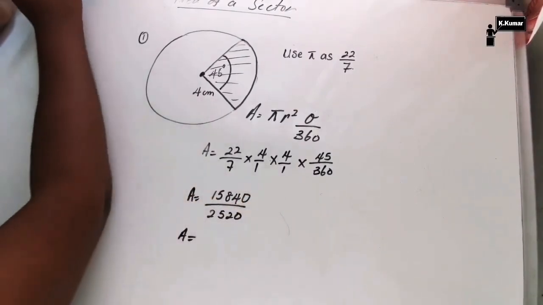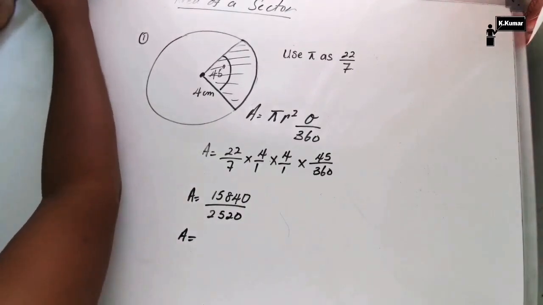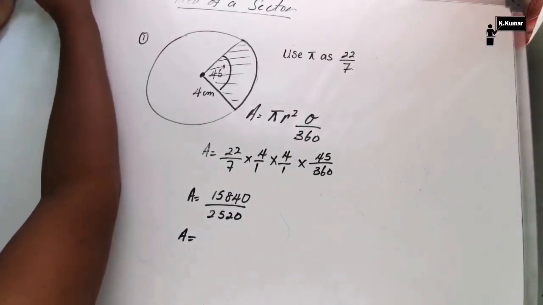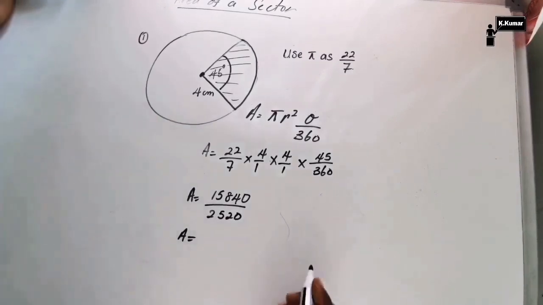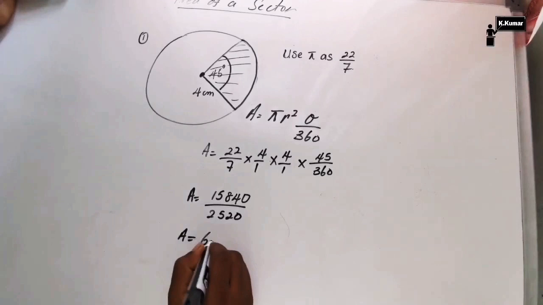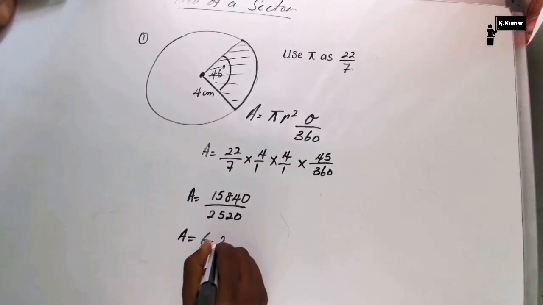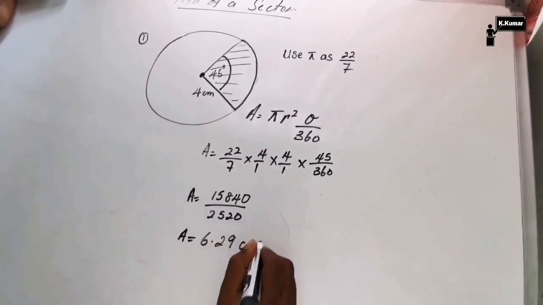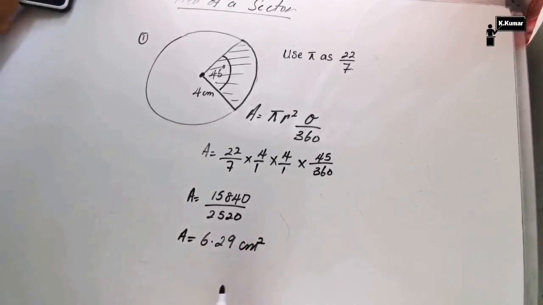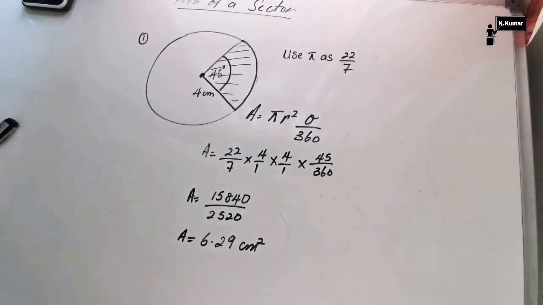So the area is 15,840 divided by 2520, and that's going to give me 6.29 cm squared, because we're working with area. That's how you find the area of a sector.